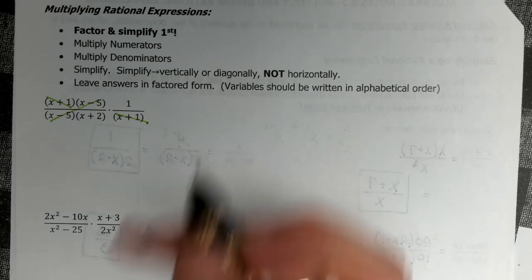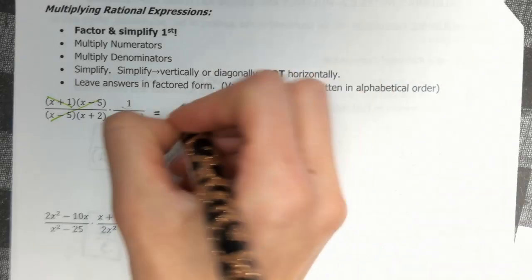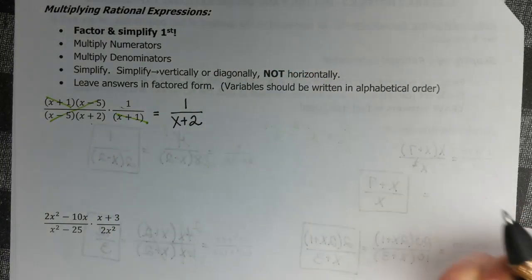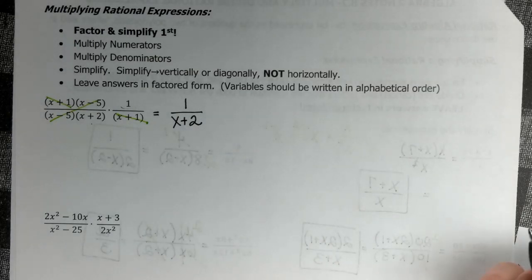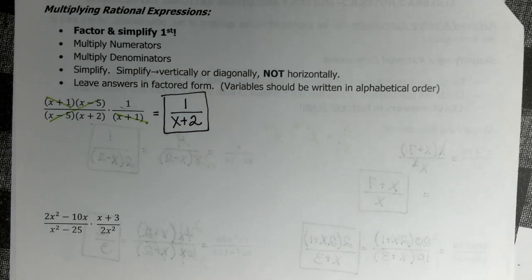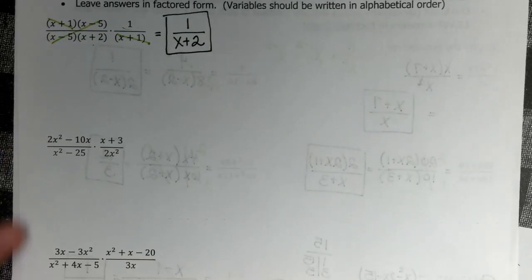So now all that's left to multiply, all I have is this 1 and the x plus 2. You don't have to make it harder than what it is. Now that's already simplified form. Rarely will you have that. You need to be able to start like these, factor it, and then cross out.